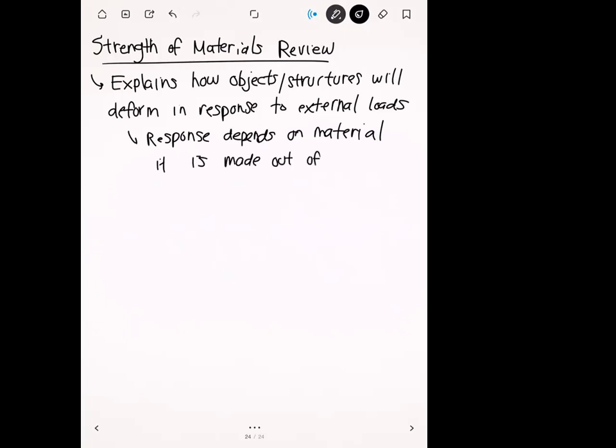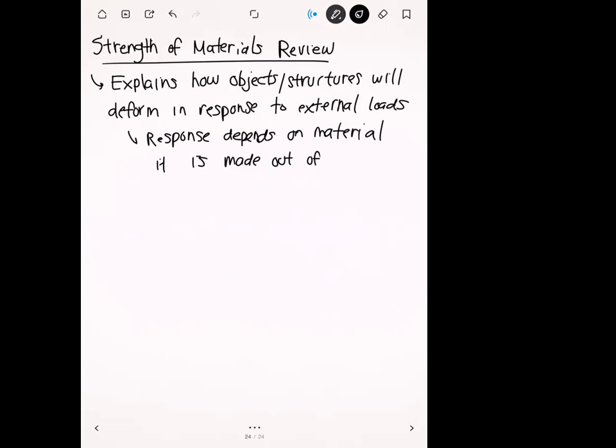Intuitively, I think we can all picture this. If you take a rod, and let's say the rod is made of some kind of metal, say structural steel, and you try to bend it, unless you have some Olympic level strength, you're not really going to do much to that rod, because we know steel is really, really strong.